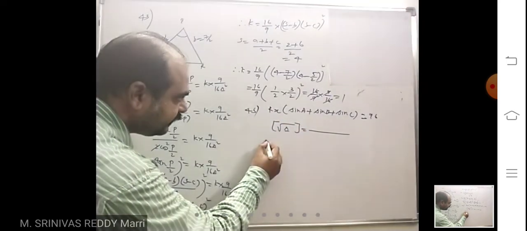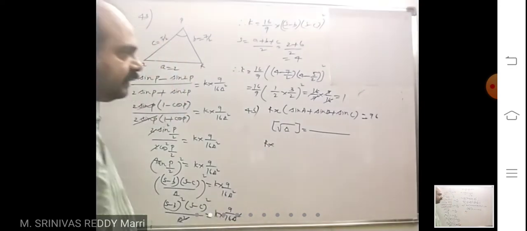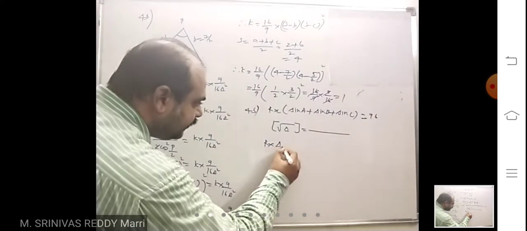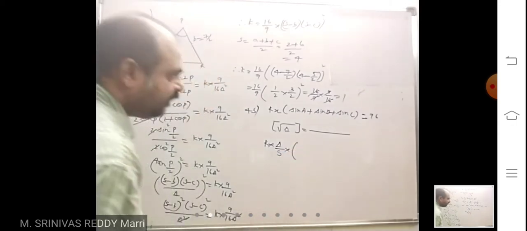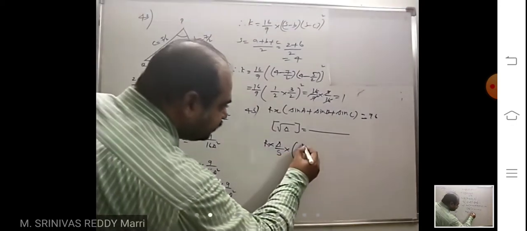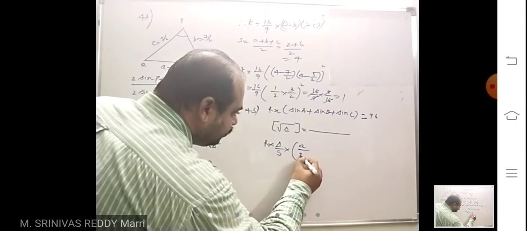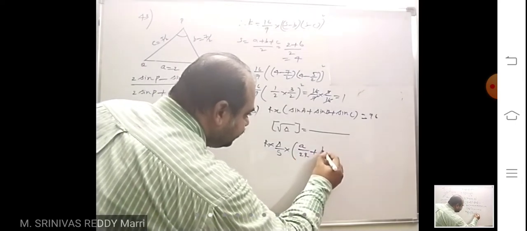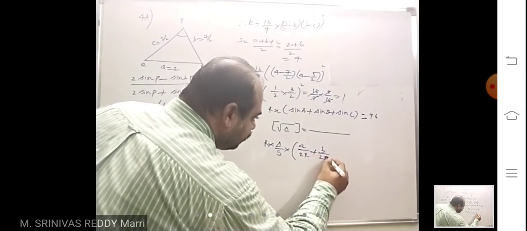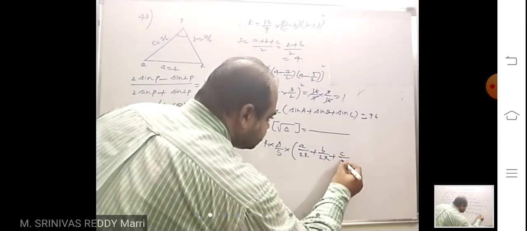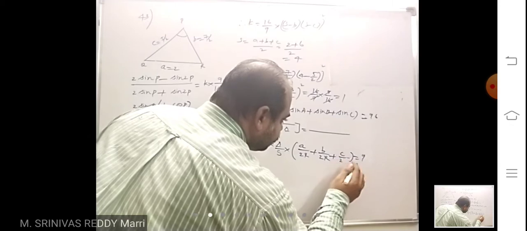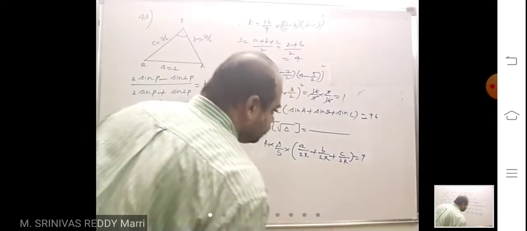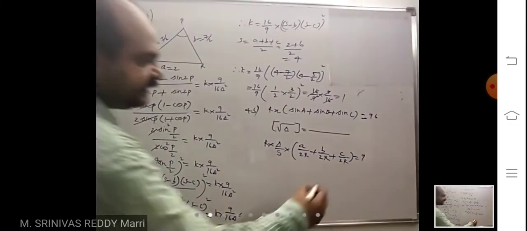So capital R into, small r means delta by S. A by 2R plus, sine A means A by 2R, B by 2R plus C by 2R, equal to 96.